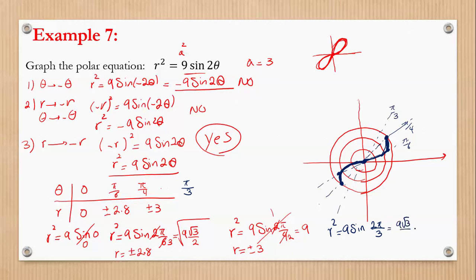And if I take the square root, I get the exact answer as before. So for pi over 3, also I get plus and minus 2.8. And you have now the other side of the petals. As I expected to have two petals like that, I got the petals as well.